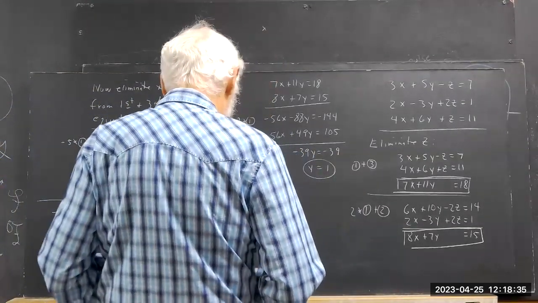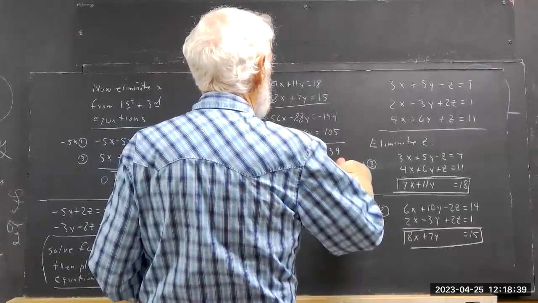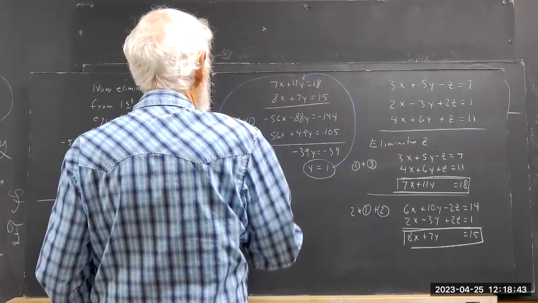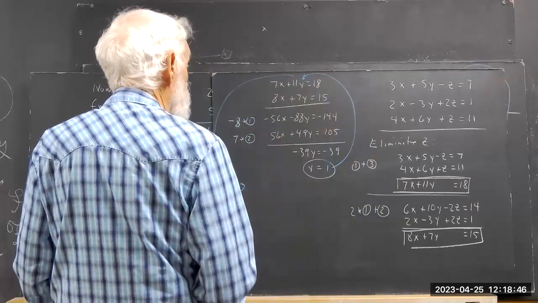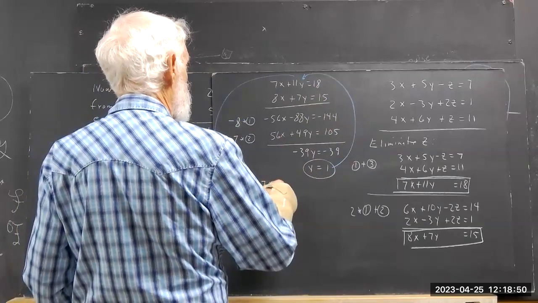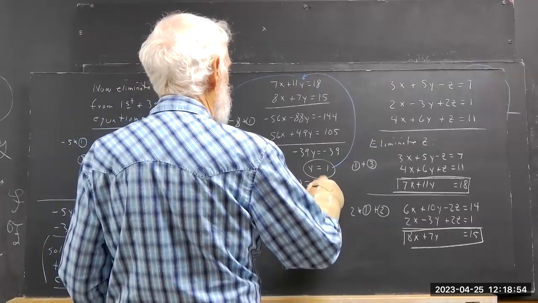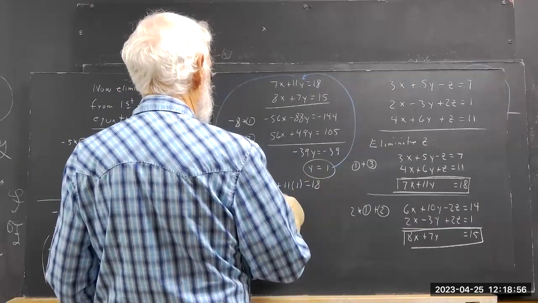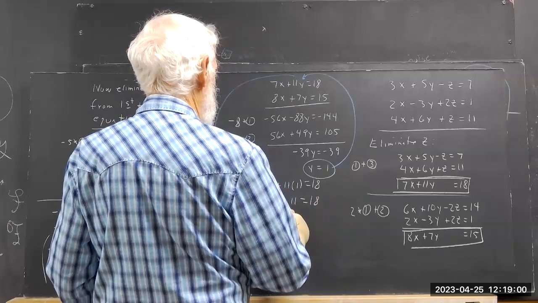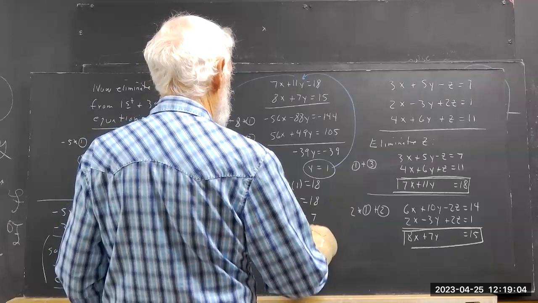Then I'm going to plug that y equals 1 into the equation. And that's going to give me 7x plus 11 times 1 equals 18, which means it's going to be 7x plus 11 equals 18. 7x equals 7, and that means x equals 1.